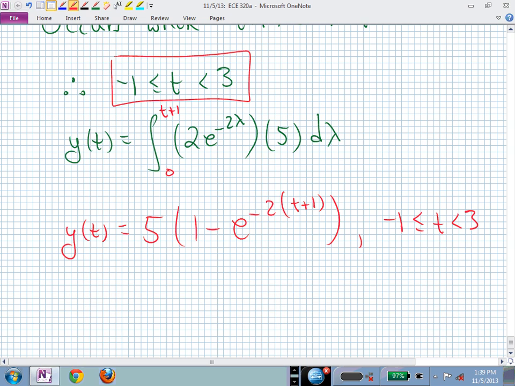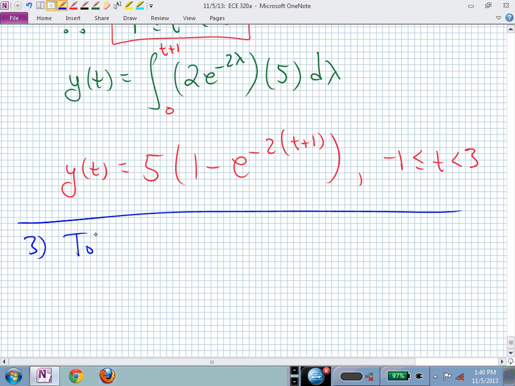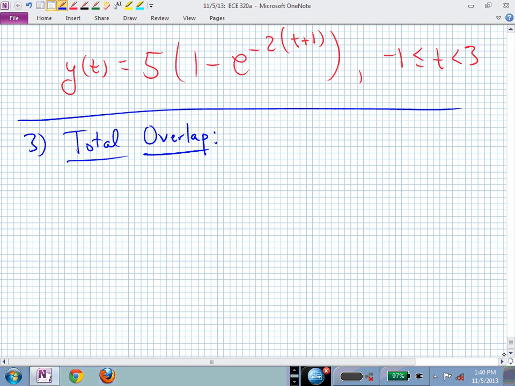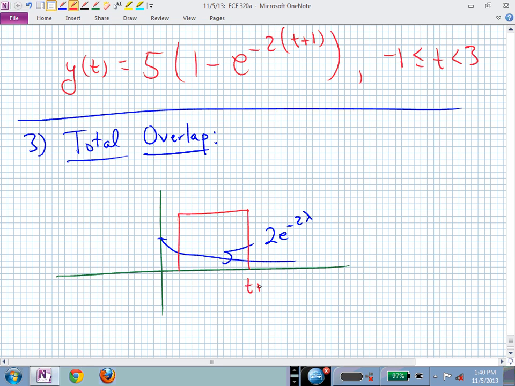We only have one more overlap case, and that's the total overlap. The last case for unique overlap pictures: here is the 2e to the minus 2 lambda. Here is the x. This was t plus 1.